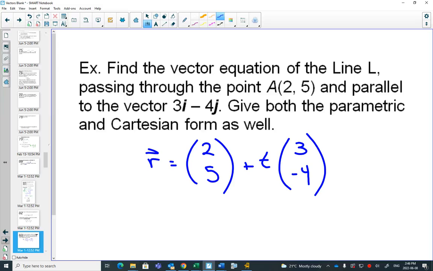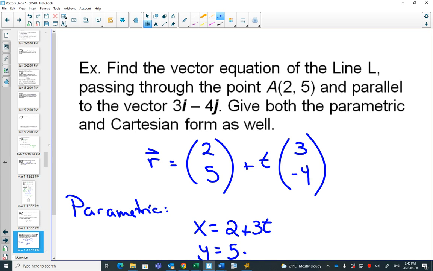And it's very easy to write the vector equation of the line. Once you have the vector equation of the line, you can give the parametric form. Parametric form just says, look at your x coordinate. It's 2 plus 3t. Look at your y coordinate. It's 5 minus 4t.